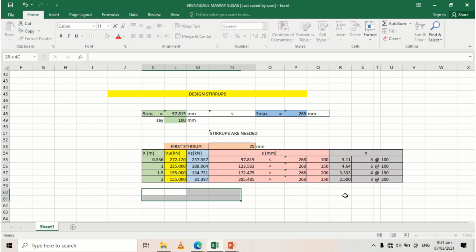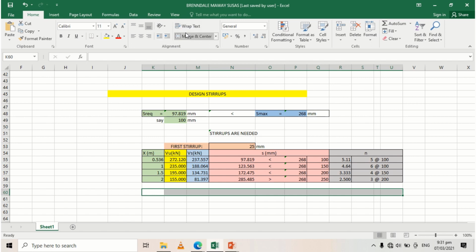So, therefore, merge muna natin ito. Therefore, use 10 mm diameter U stirrups, use stirrups 1 at 25 mm. So yung first stirrup natin 25 mm.